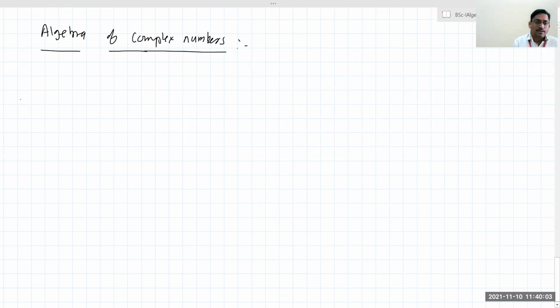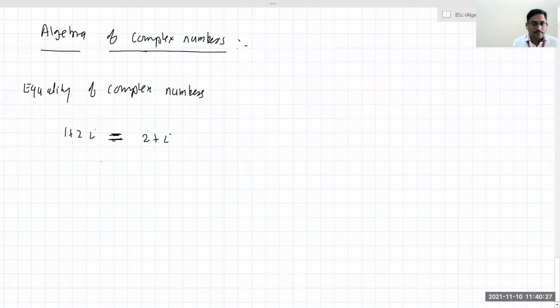So before defining addition, I have to define equality. When are two complex numbers equal? Equality of complex numbers. So can you tell me whether these two complex numbers are equal? Are they the same or different? One has position 1, comma 2 and the other has position 2, comma 1.